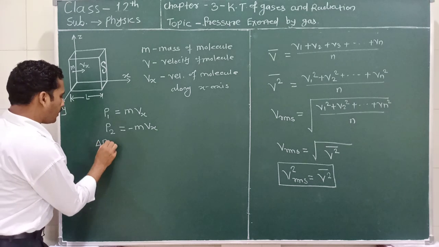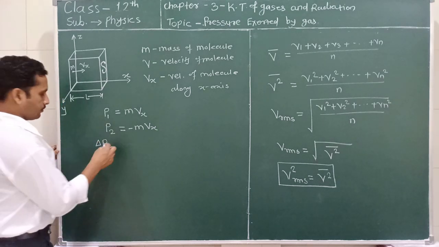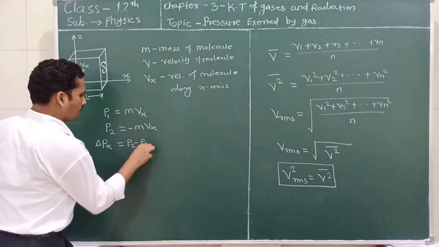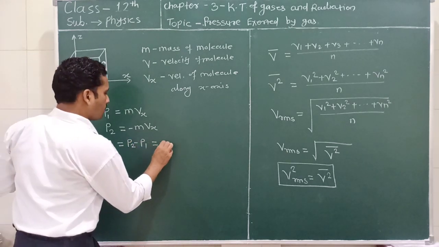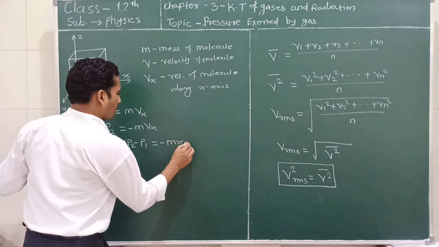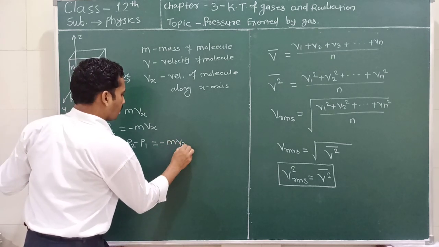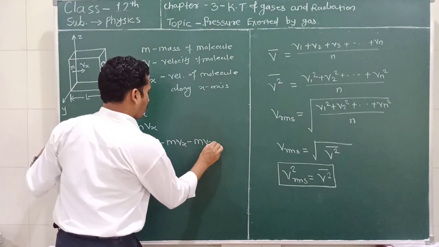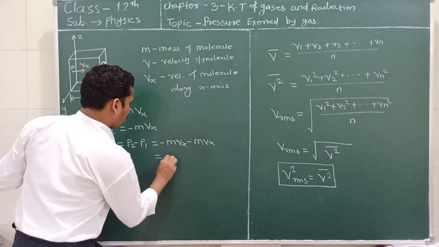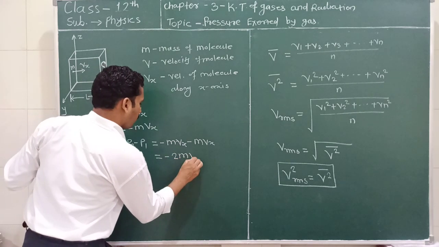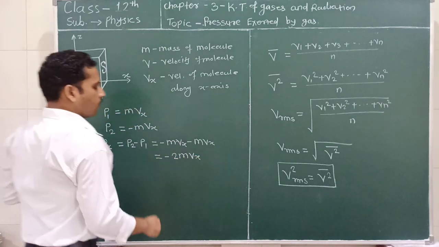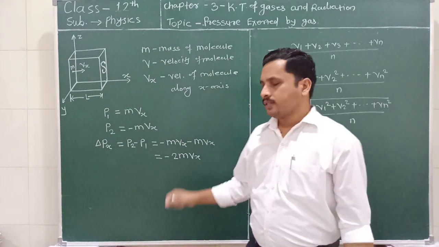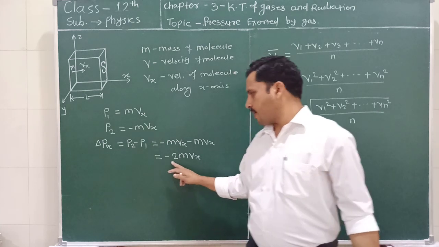We denote that by delta px along the x-axis, which is equal to P2 minus P1, which is equal to minus m vx minus m vx. So we can write it is equal to minus 2 m vx. What does the minus sign indicate? This minus sign indicates that the momentum decreases by such an amount.